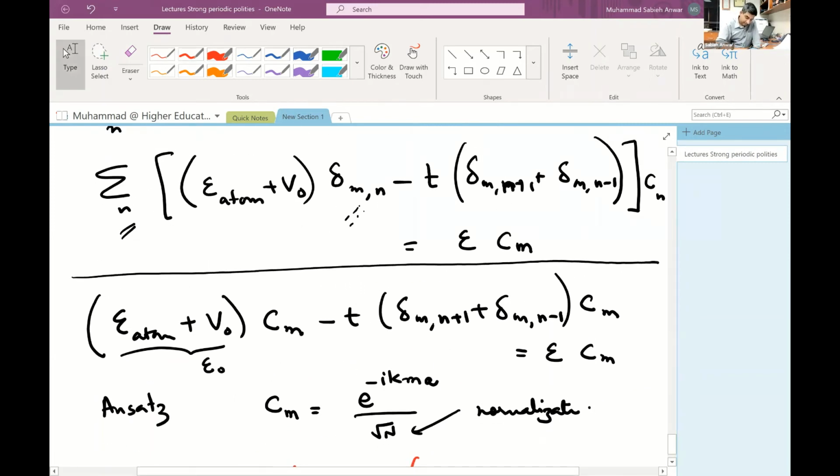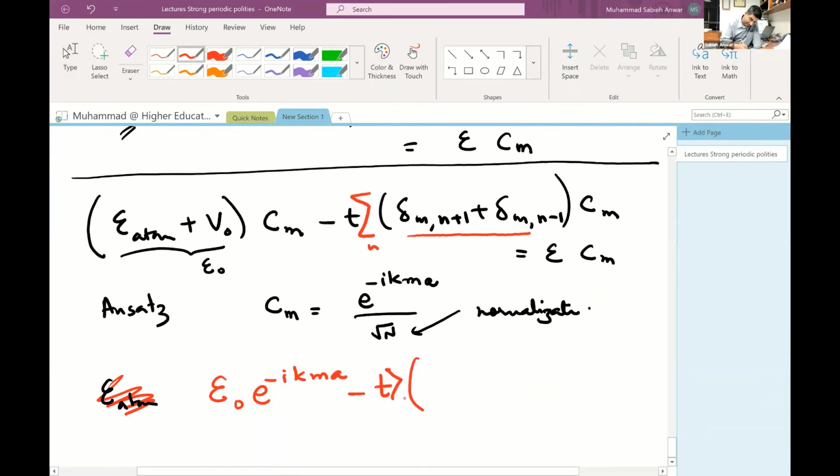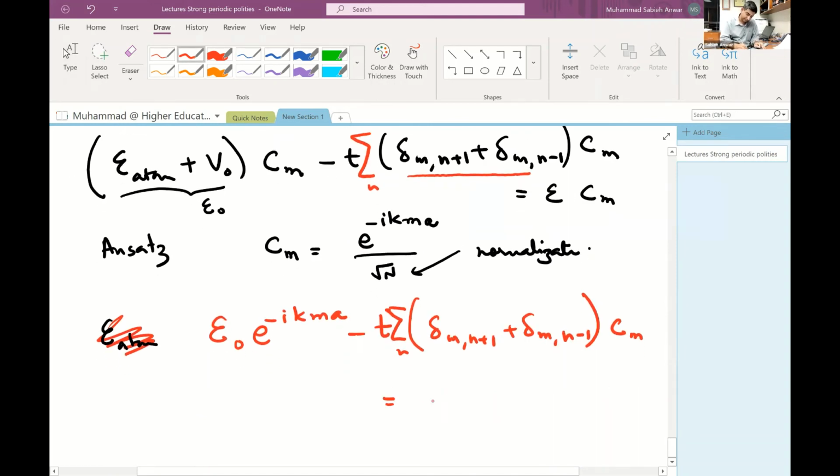By the way, I really need to put in a summation over n here because I haven't yet gotten rid of this. So this becomes the sum over n of delta_m,n+1 plus delta_m,n-1 times Cm, equals epsilon e to the minus i k m a.